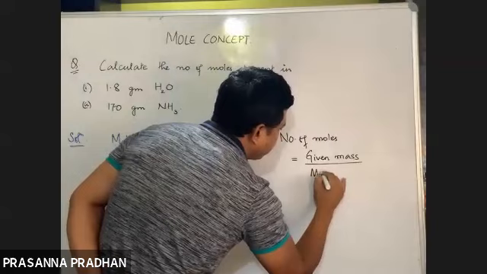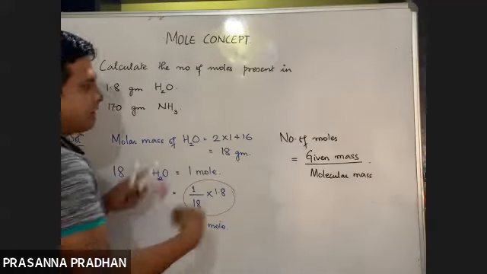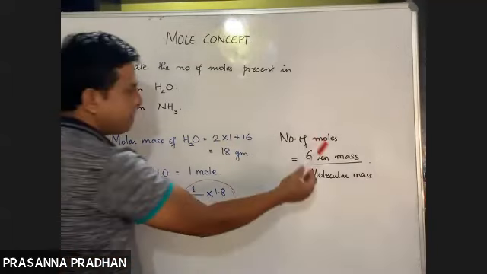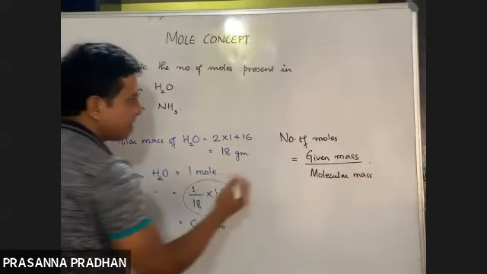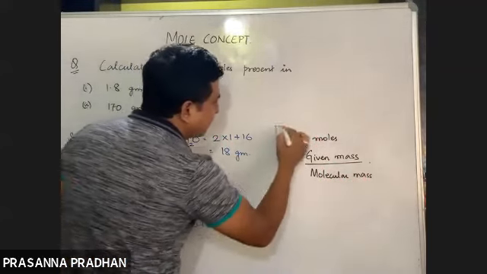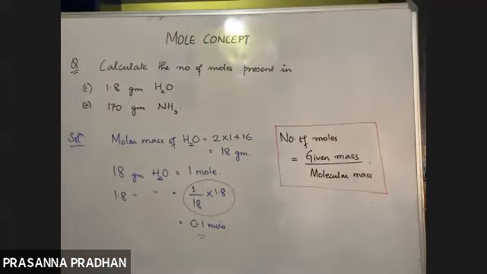So this is the formula for calculating the number of moles: given mass by molecular mass. Or if it is an element, instead of molecular mass, you write down atomic mass. So this is the shortcut formula: number of moles is equal to given mass by molecular mass.